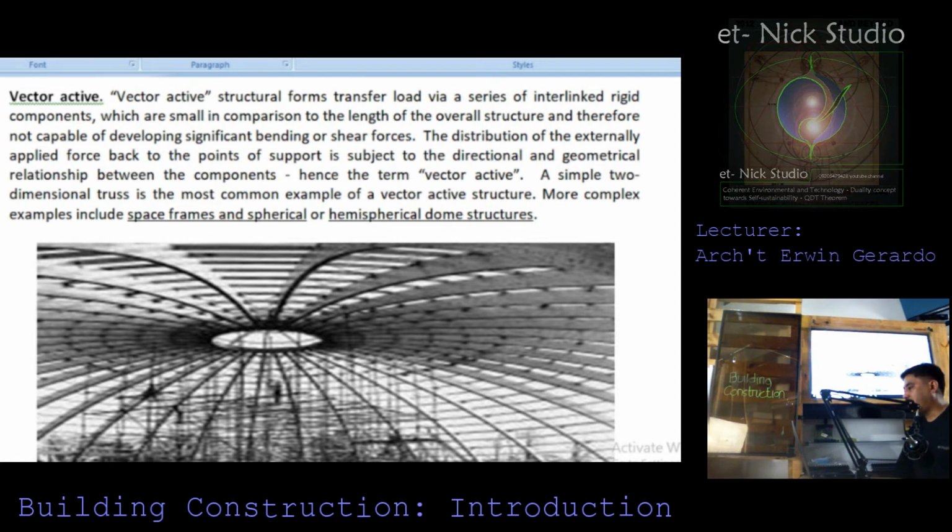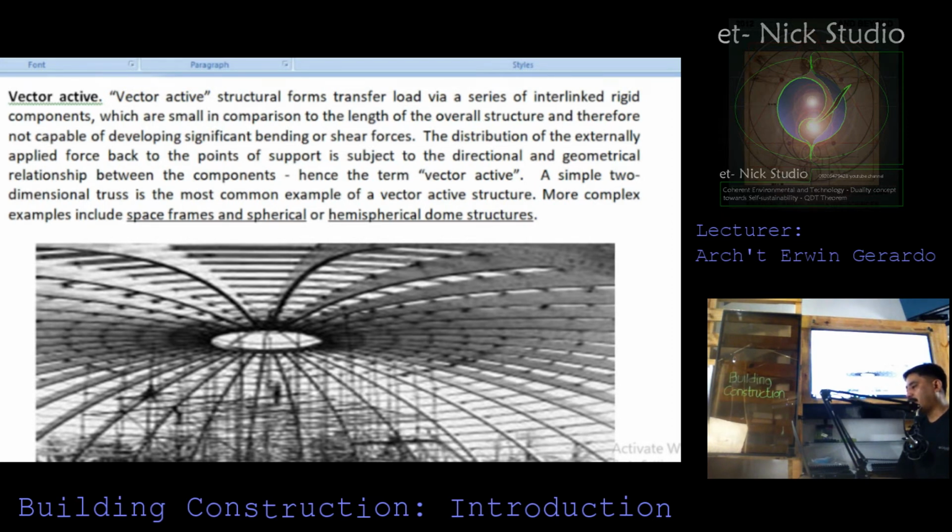The distribution of the externally applied force back to the points of support is subject to the directional and geometrical relationships between the components. Hence, the term vector active. The simplest and most common example of a vector active structure is a two-dimensional truss. More complex examples include space frames and spherical or hemispherical dome structures.